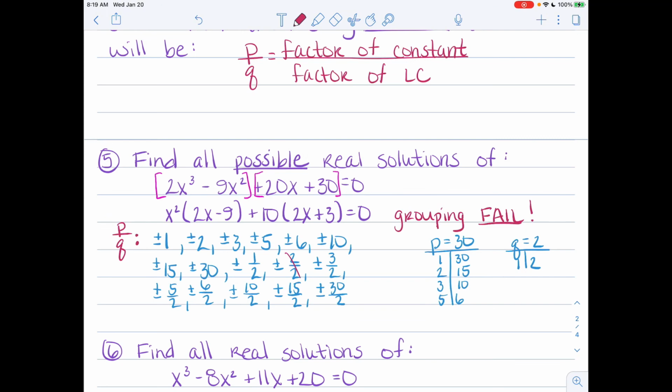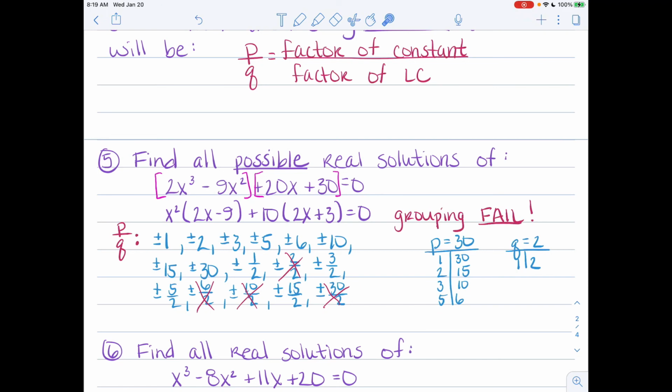So I can cross that out because we're taking it into account 2 different times. I can do the same thing with 6 over 2 because that's 3. 10 over 2 is 5, and 30 over 2 is 15. All of those are already listed as some of my integers that I have here.